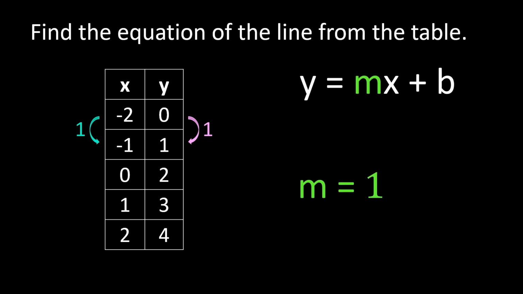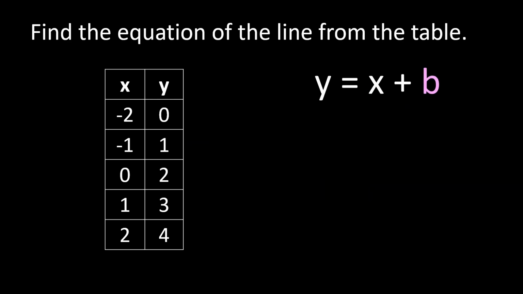Now that I have my slope, I can put it in place of m in my equation. So my slope is 1. When I put the 1 into the equation, y equals 1x plus b, I don't need that 1 there. So my equation right now is simply y equals x plus b. So I found the slope.